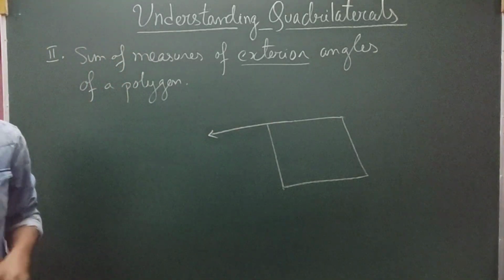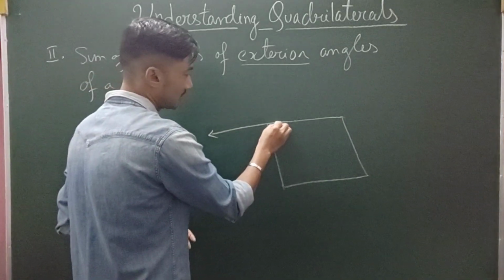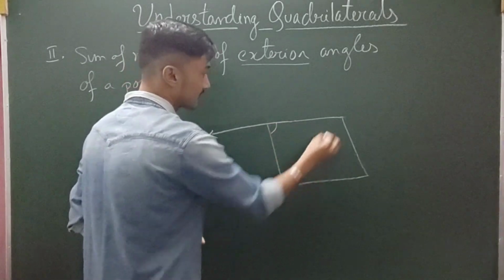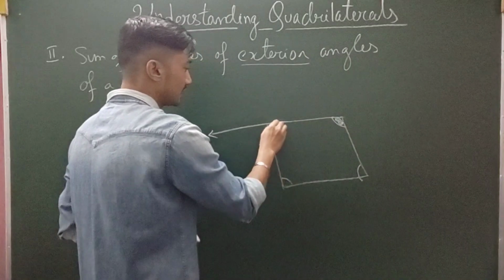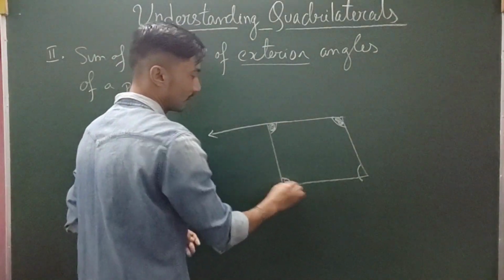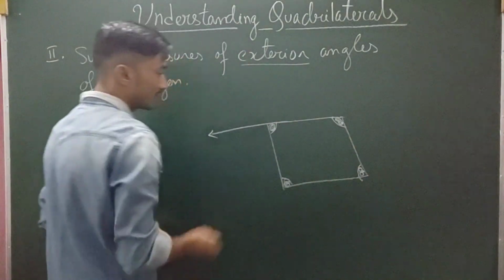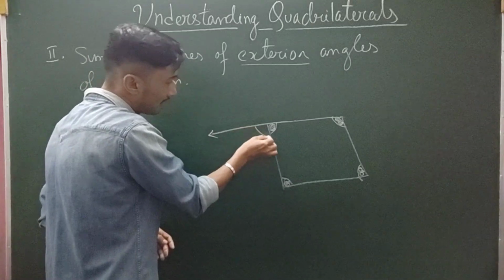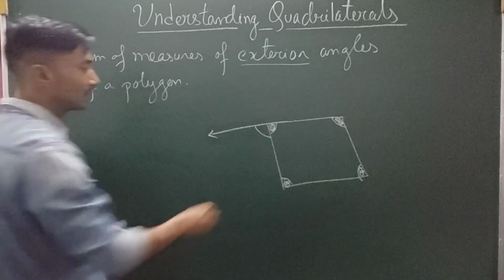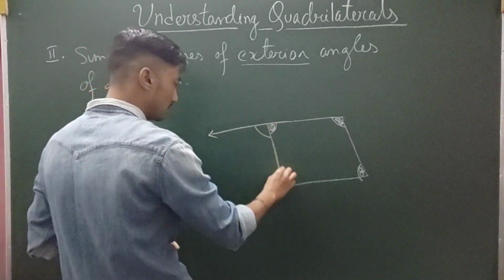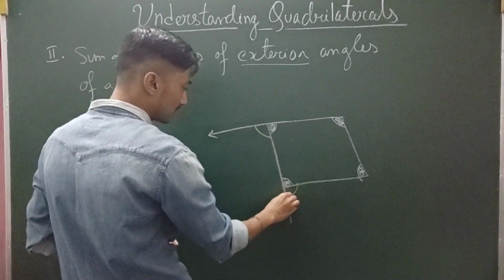When I extend this side, these are interior angles, inside, so I will shade them like this. There are 4 sides, so we have 4 interior angles. Exterior means the angle formed outside when a line is extended. Similarly, I extend this side, and another angle is formed.